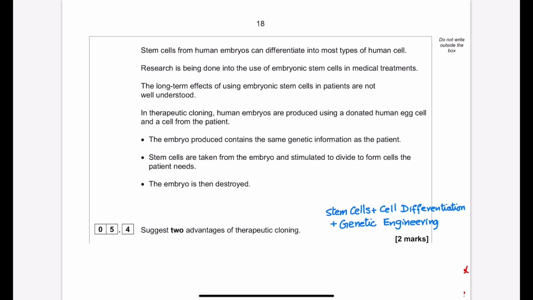The second advantage is that therapeutic cloning produces cells genetically identical to the patient's cells, so they are less likely to be rejected by the patient's immune system.